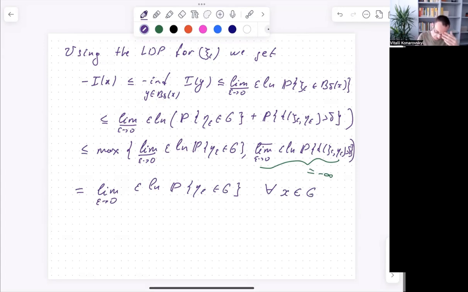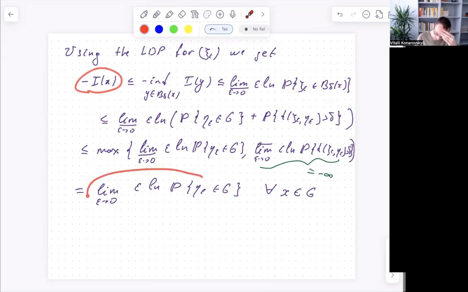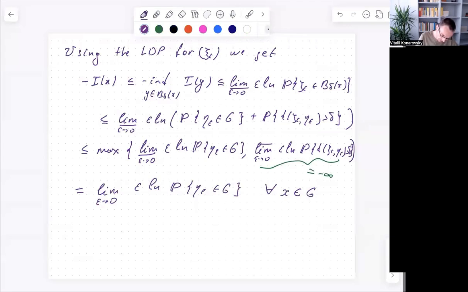Of course, if you take the supremum of the left and right hand side of this inequality over x belonging to G, then you will also have the same inequality.